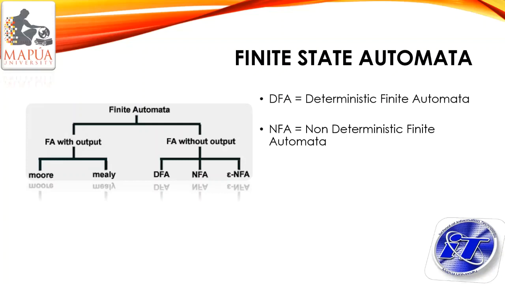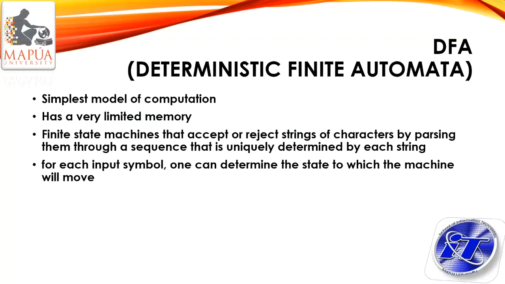NFA is non-deterministic finite automata. And epsilon NFA is basically an extended version of NFA, wherein it will include epsilon as an input. In this video lecture, we're going to focus more on the DFA, deterministic finite automata.